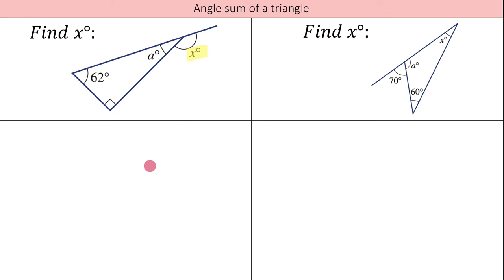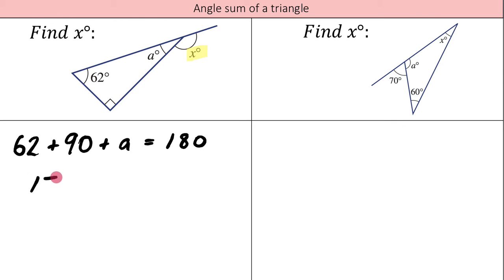We're going to begin as we normally do when we're finding the angle sum of a triangle. This is 62 degrees. I know that when I have a square like this, that means it's 90 degrees. And then I have this A right here, so plus A, and all of that is going to be 180 degrees. 62 plus 90 is 152, plus A equals 180.